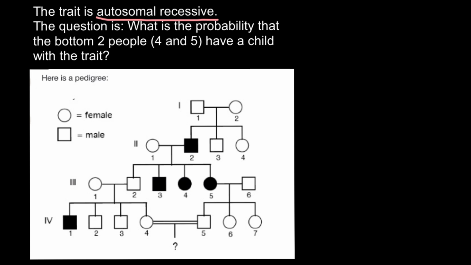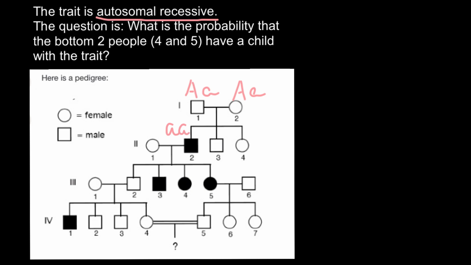So that gives us the genotype of parents 1 and 2. Both of them have to be heterozygous, so capital A and small a, both of them. And of course this affected person, because this is a recessive genetic disorder, has to have the small a genotype.